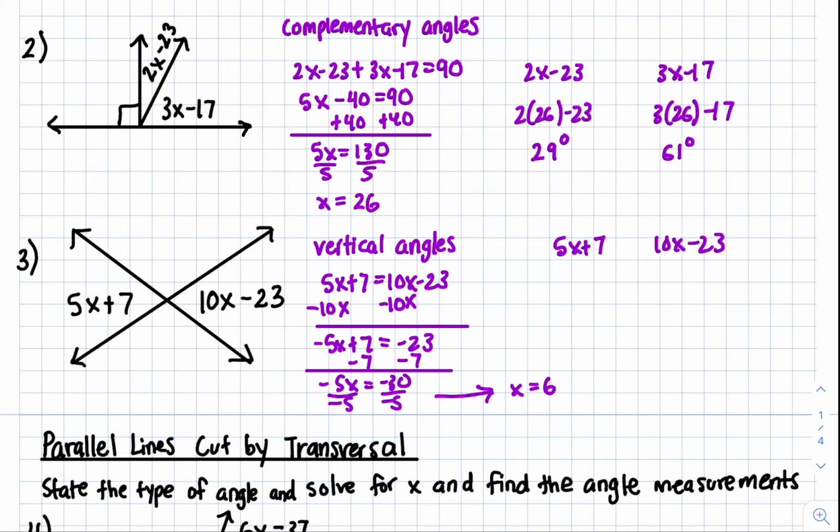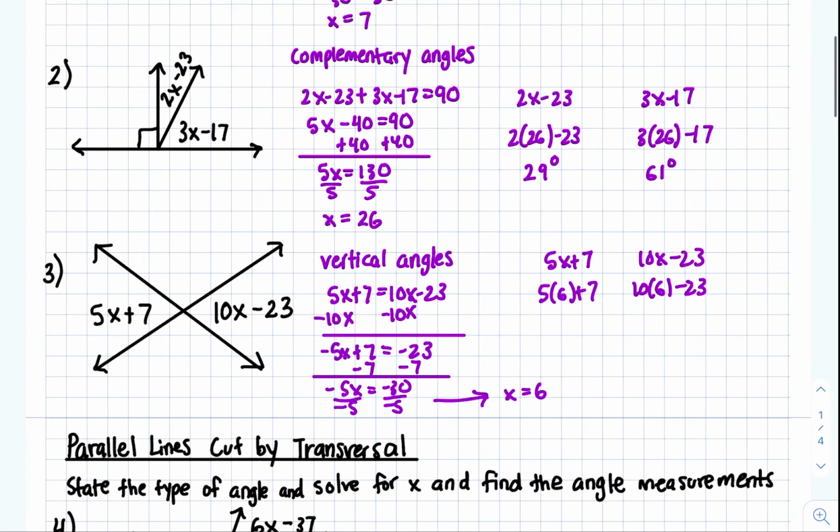Substitute 6 into x for both. 5 times 6 plus 7 is 37 degrees. 10 times 6 minus 23 is 37 degrees. Does this make sense? Yes, it does, because vertical angles are congruent, which means they should have equal angle measurements. So 37 is equal to 37.